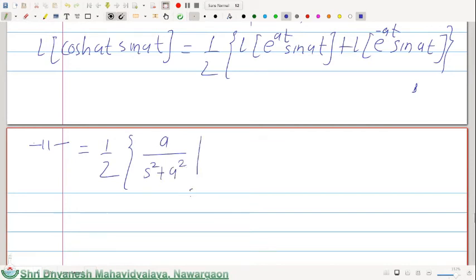Here s will be replaced by s minus a, plus here Laplace transform of sin at is a upon s square plus a square. Here s will be replaced by s minus a, but here it is minus a, so s minus minus a is s plus a.